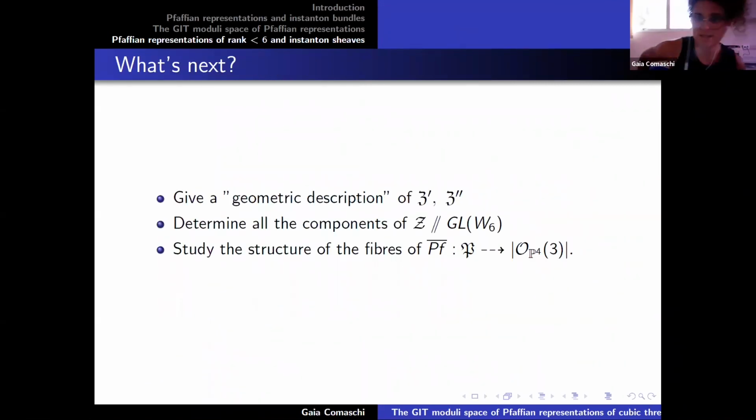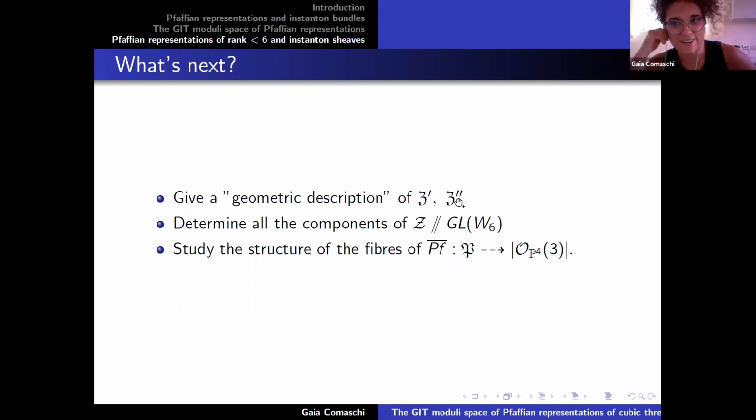So what we still need to understand is the following. Is it possible to give a geometric description of the two components that we obtain? Remember that we obtained a component of dimension 11 and a component of dimension 12.